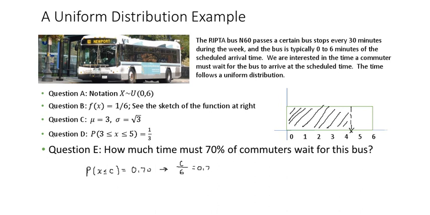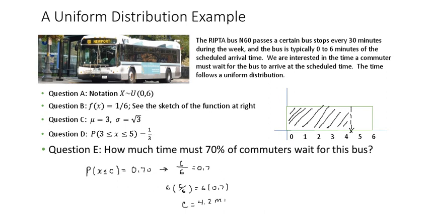Well, to get this, we're going to follow some algebra, right? Multiply both sides by 6. So C divided by 6 times 6 will equal 6 times 0.7. In algebra, remember, we multiply both sides of the equation by exactly the same value. It leaves the equation unchanged. And in this case on the left, 6 is canceled out, so we're left with C equaling 6 times 0.7, which becomes 4.2.